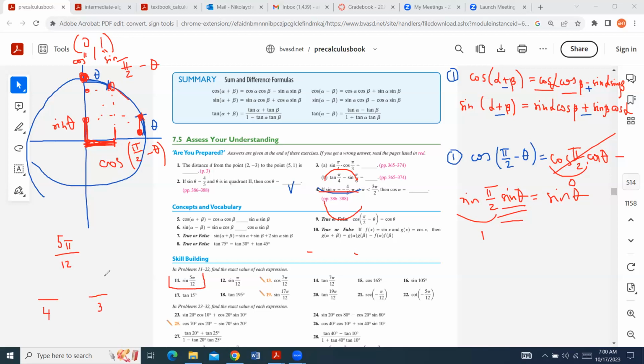Because we know pi over 3, we know pi over 4, so the question is, what can I do with these two in order to get to 5 pi over 12? Well, maybe add them, maybe subtract them, maybe multiply by something. So the question is, what will be in the numerators, and do we add or subtract? Well, we can try. Once you try it a couple of times, you will see it's pretty straightforward, I'm sure.